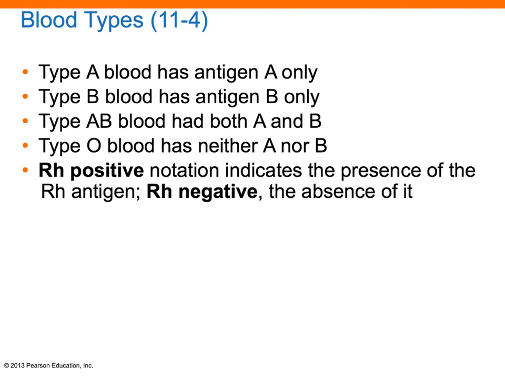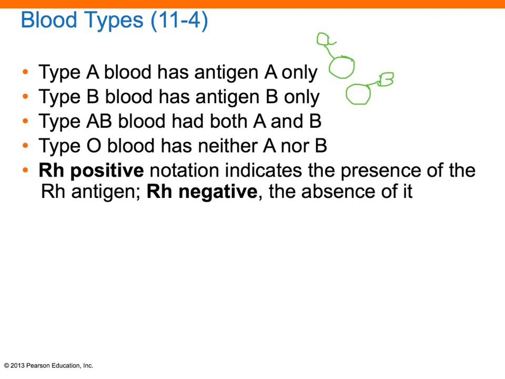Okay, so if you were type A blood, and we did this lab in class already, and you found out your blood types. If you are type A blood, then that means that your cell membrane, if this is your cell and you're A, that means that your antigen that's connected to your receptor is of the A type. Then type B blood would have only B antigens on the surface of the membrane.